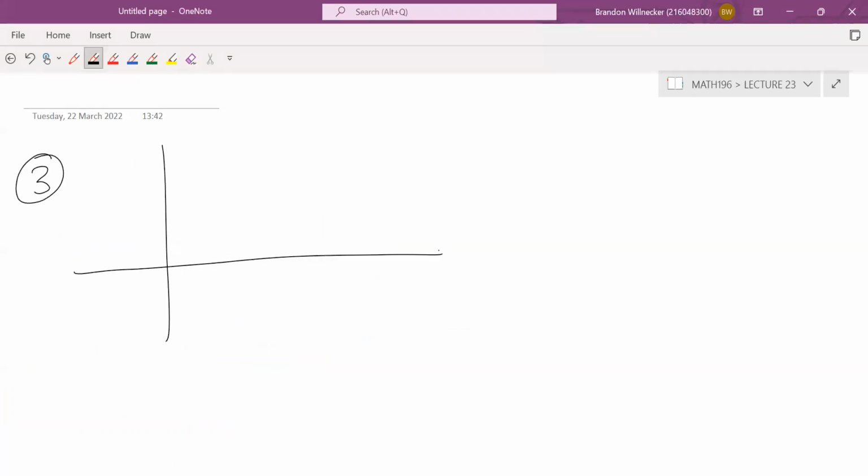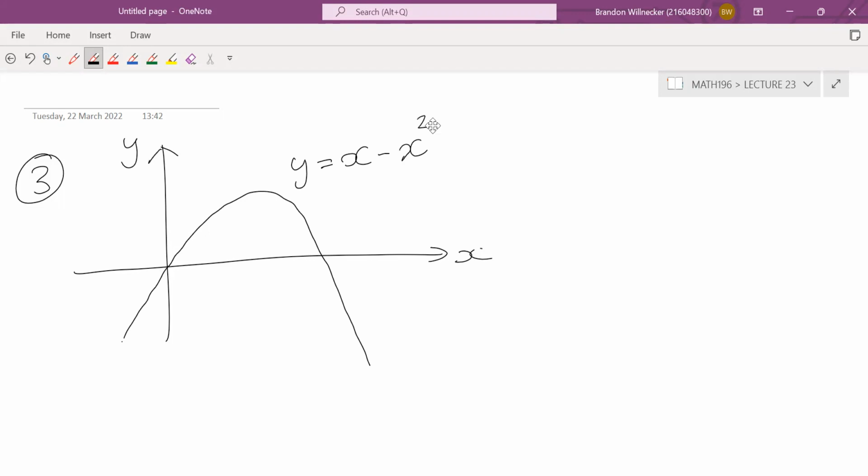Okay, so let's just draw the setup here. So we have x and y, and we have the following function. y is equal to x minus x squared. So that's going to look something like this. Okay, and then just a quick little check. If we let y be 0, that's going to give us the two x-intercepts.